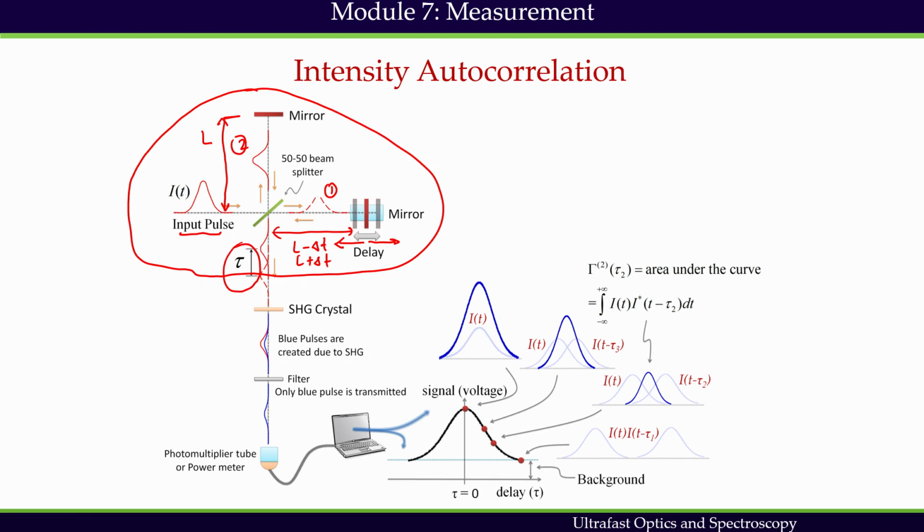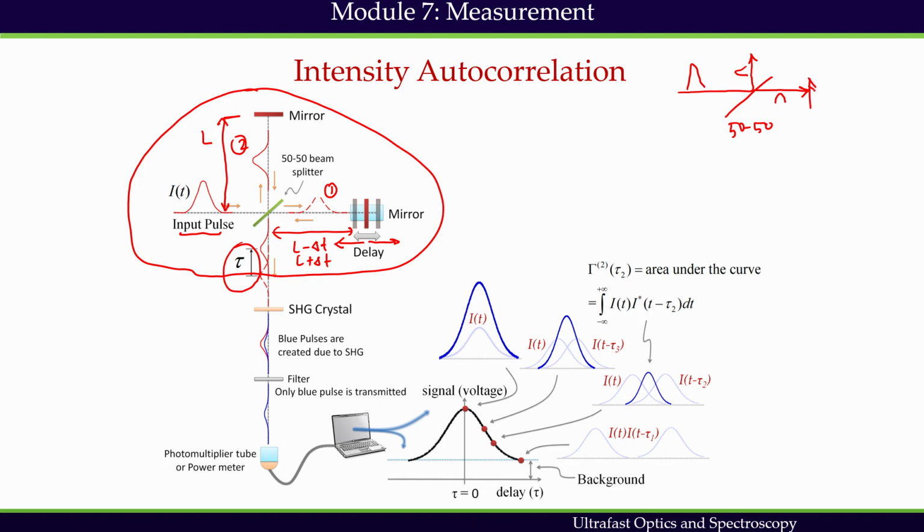A 50-50 beam splitter will always create two identical pulses. So, if this is 50-50 beam splitter, then first 50% will be transmitted and 50% will be reflected. That's why a pulse I get two baby pulses.